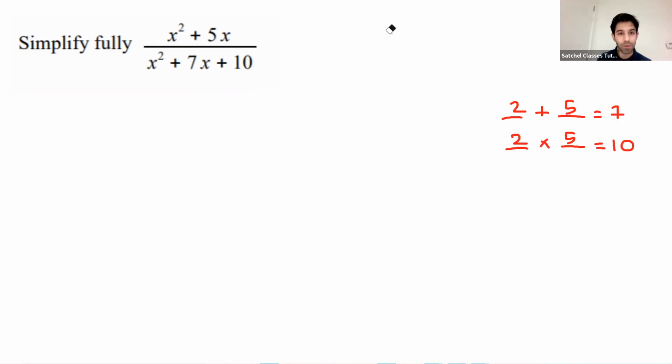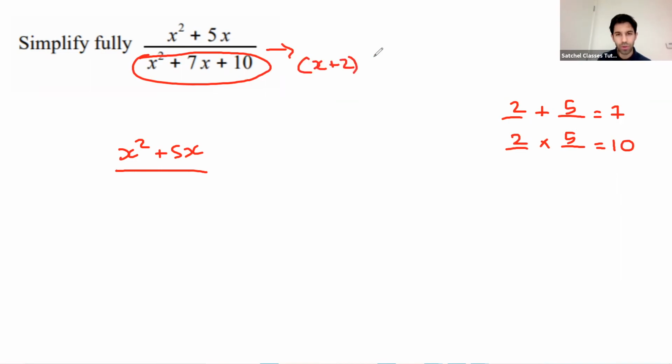So how I'm going to write this is x squared plus 5x is the same as, so this will become x plus 2, x plus 5. So the factorized expression becomes this. So I will write this as x squared plus 5x over x plus 2 and x plus 5 in the brackets.